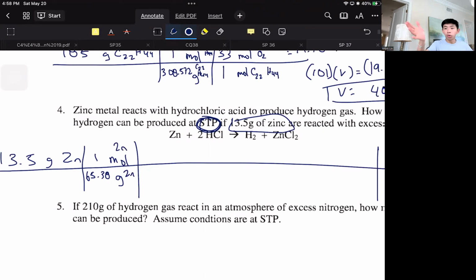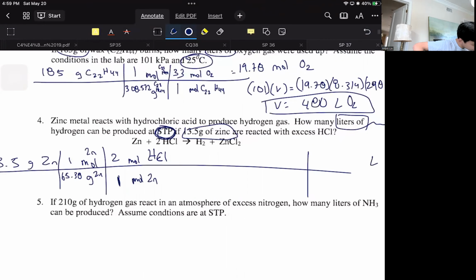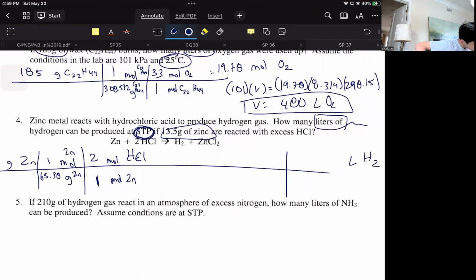And then we can use the mole ratio, moles of Zn to moles of, oh wait, hold on, it's going to be hydrogen, not HCl. It's going to be 1 to 1.